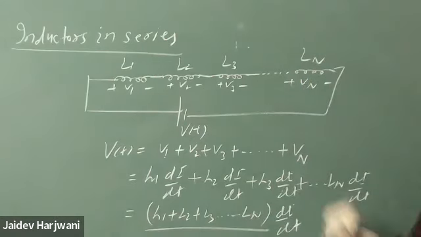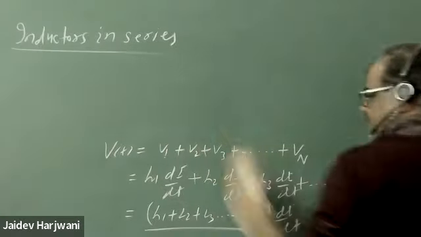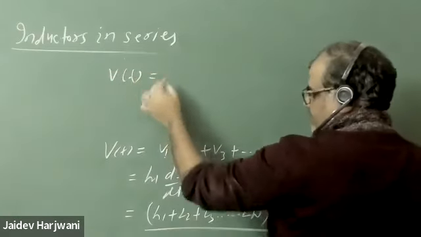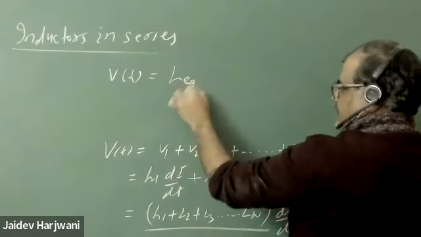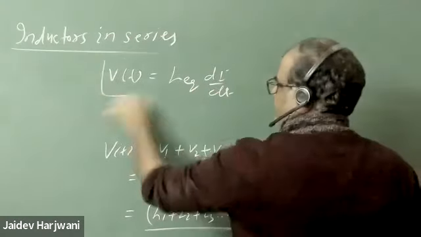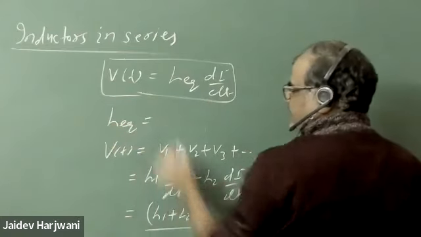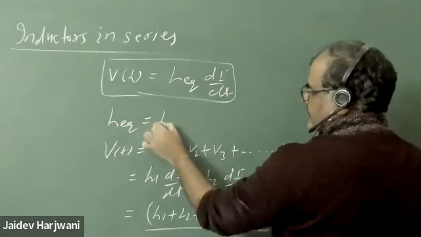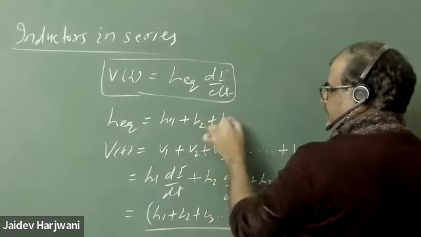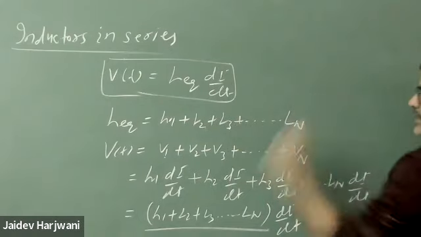So you can draw the equivalent circuit or you can write the equation. Vt will be your L equivalent di upon dt. That means your inductors add like resistors in series. So this will be L1 plus L2 plus L3 plus Ln.